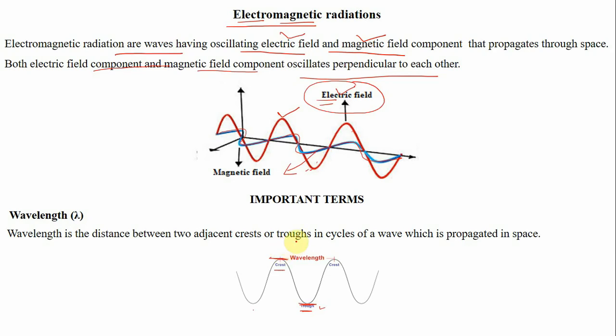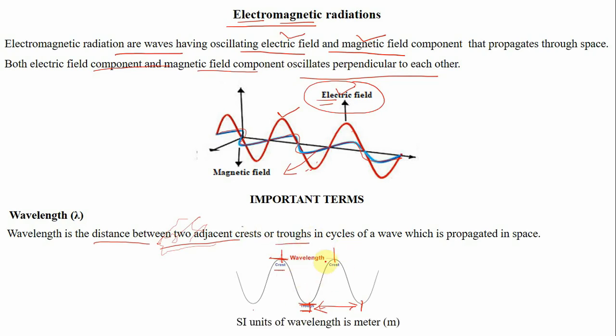Now what is wavelength? The wavelength is the distance between two crests or two troughs. So if these are two troughs, the distance between these two troughs is a wavelength. Similarly, the distance between two crests is also a wavelength. So the distance between two adjacent crests or troughs is called wavelength.